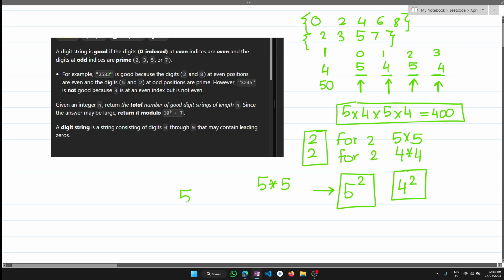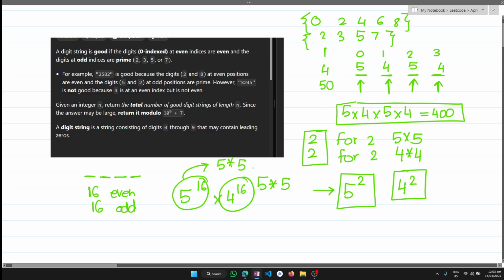For example, if I had to calculate 5 to the power 16, if I had a very large number that had, let's say, 16 even indices and 16 odd indices, I would have to calculate 5 to the power 16 into 4 to the power 16. The problem we face is that I can very easily calculate 5 to the power 16 by multiplying 5 with itself 16 times.